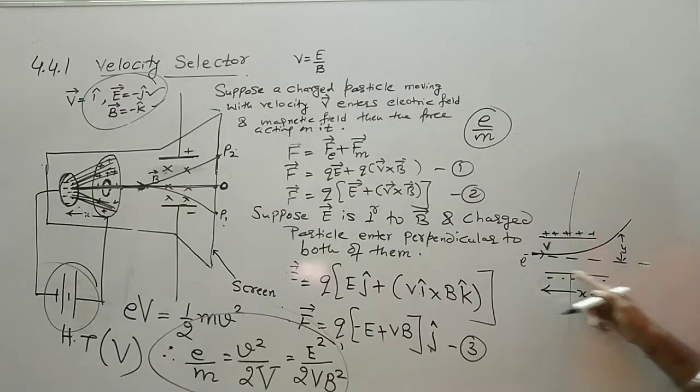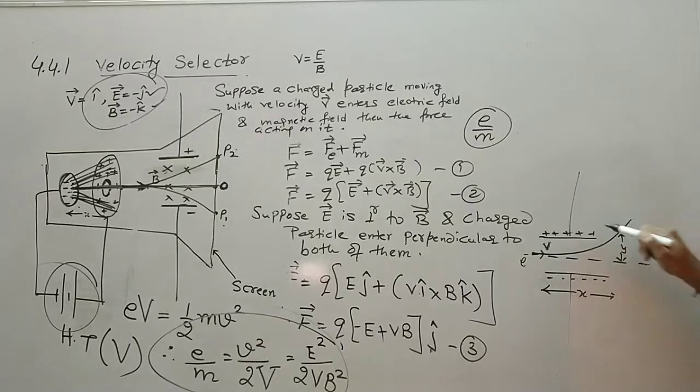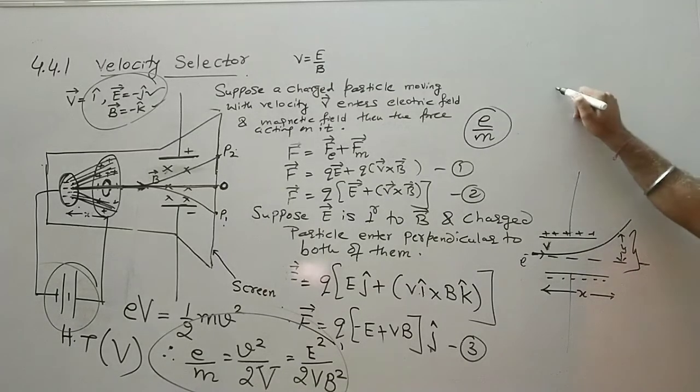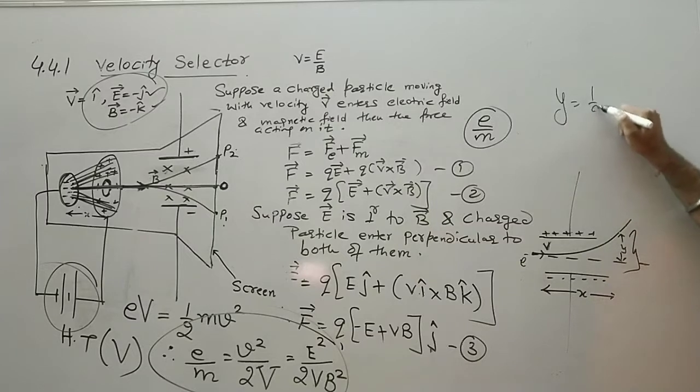Let the length of this plate be denoted by x or L. So the particle will be deflected towards the positive plate. And if you remember, the formula for y was found to be half qE x square upon m v square. This was the derivation we have done.